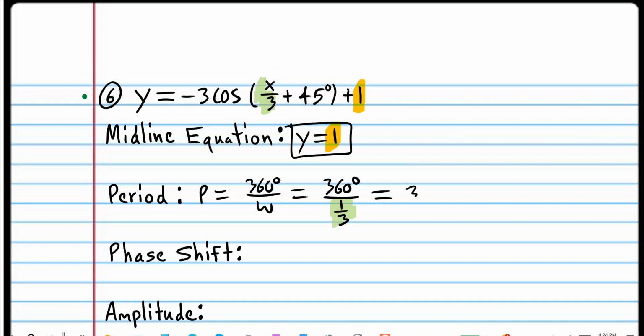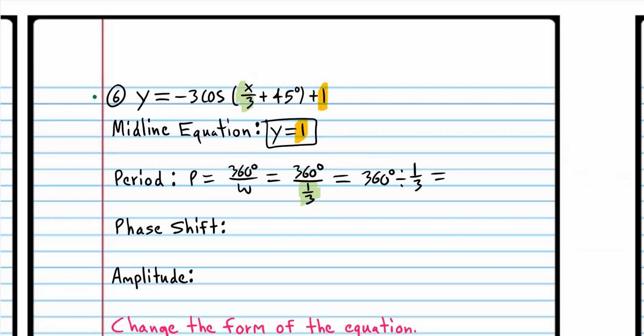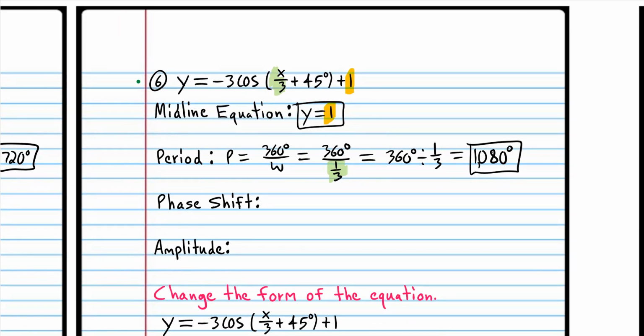So that's 360 degrees divided by 1/3, which is a pretty big number. 3 times 360, because the divisor flips, and our new period is 1080 degrees. The phase shift is equal to phi divided by omega, and phi is -45.